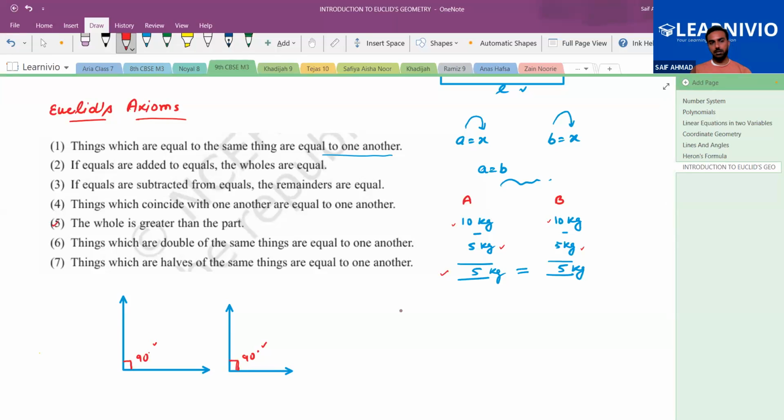Axiom 5 is: the whole is greater than the part. For example, this is a pizza. If I cut a part of this pizza, I make it here.